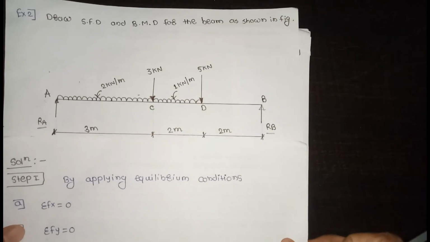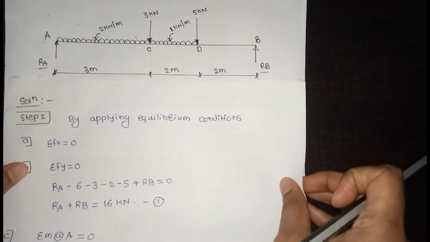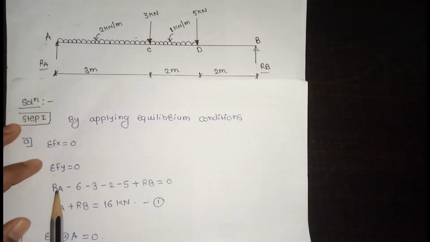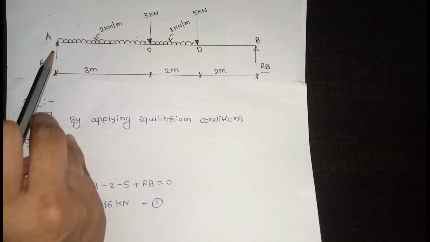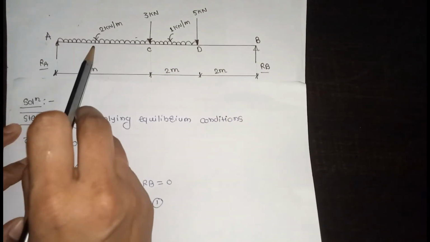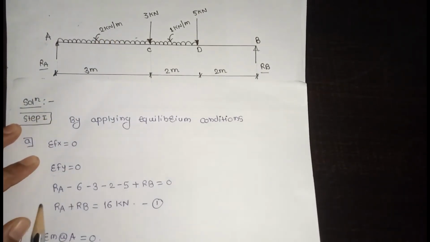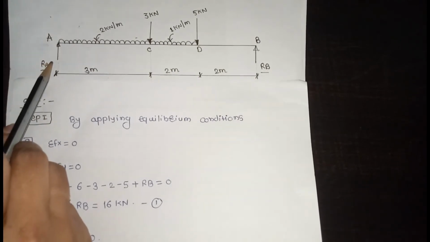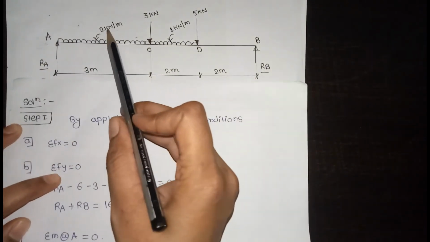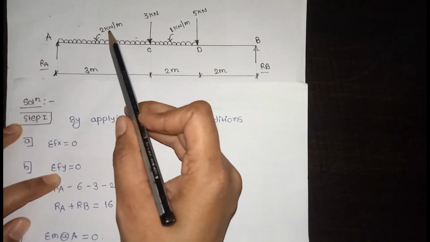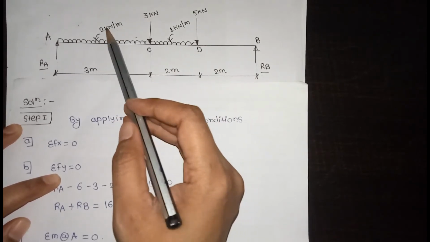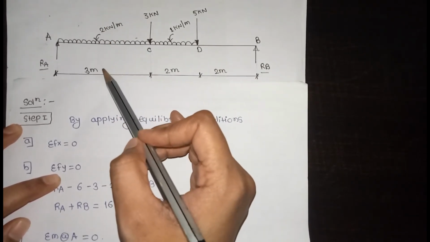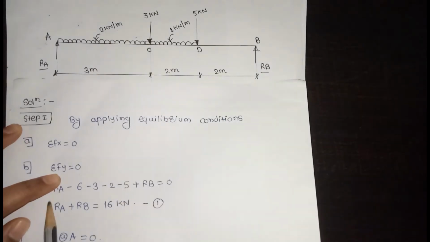So, the algebraic sum of all y components. Upward force is taken as positive direction and downward force as negative direction. So RA minus 6. How to convert UDL to equivalent point load? Force into distance, therefore 2 into 3, 6.